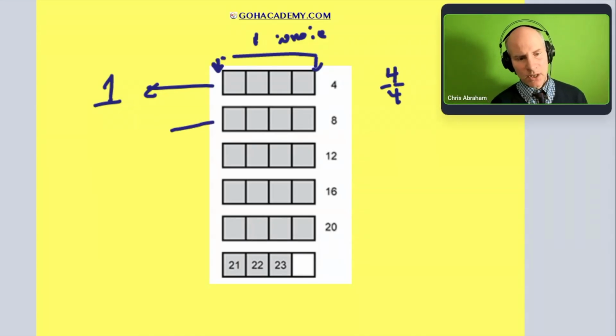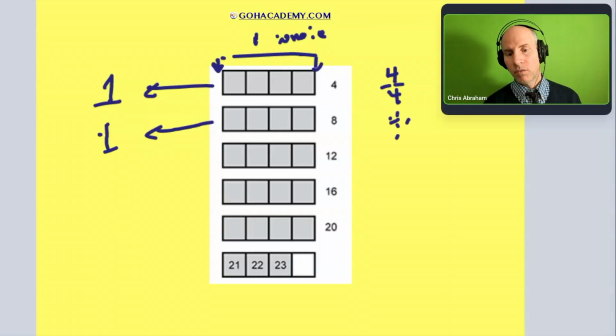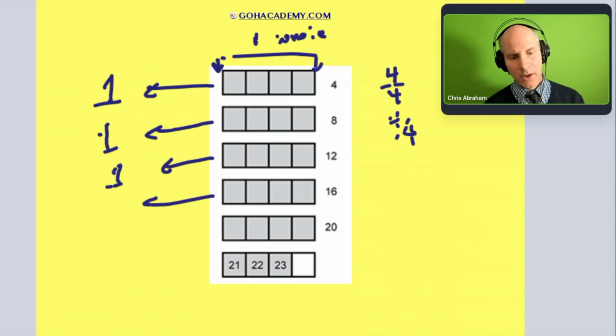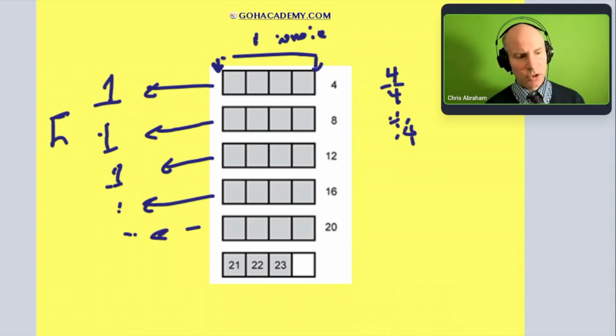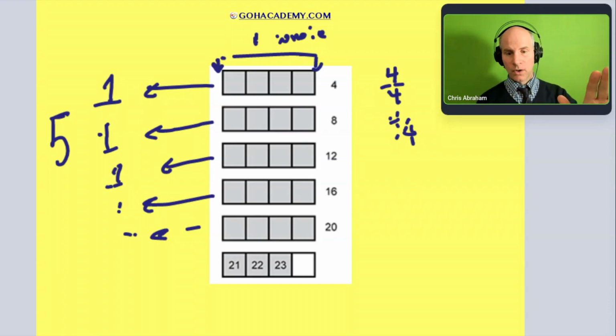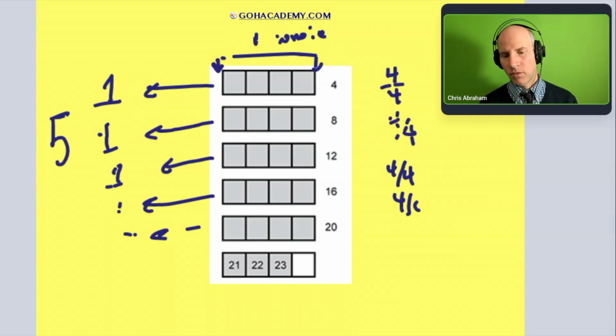This second one is another whole, so it's another 4 over 4, 4 boxes out of the 4. So they total up to 8/4, because it's 2. We have another whole here, another whole here, another whole here. So in reality, we have a total of 5 wholes. If we work this out, it would be 4 over 4, 4 over 4, 4 over 4, or at this point, there's 1, 2, 3, 4, 5.